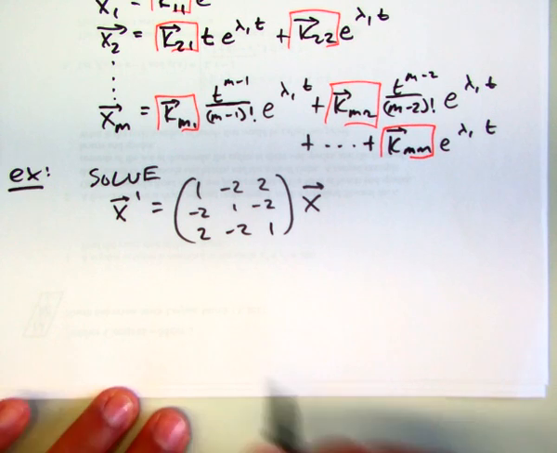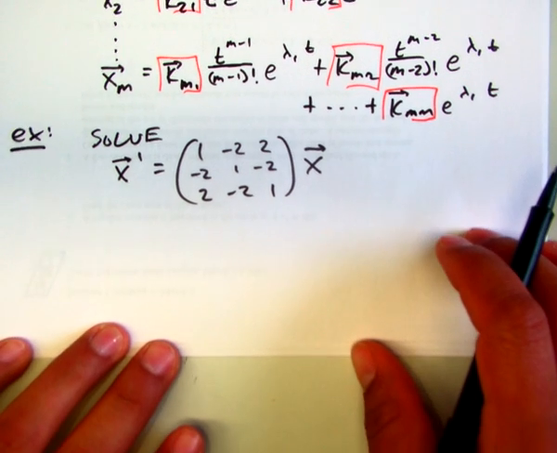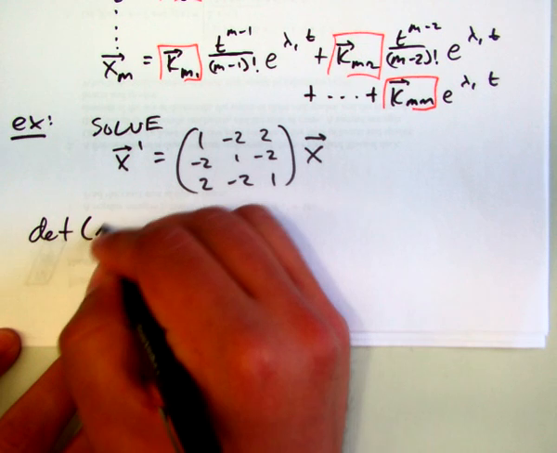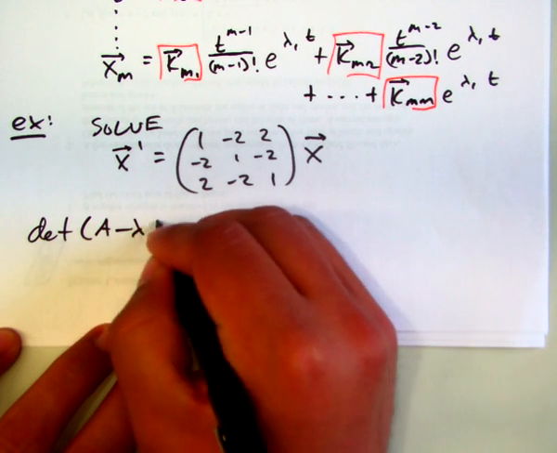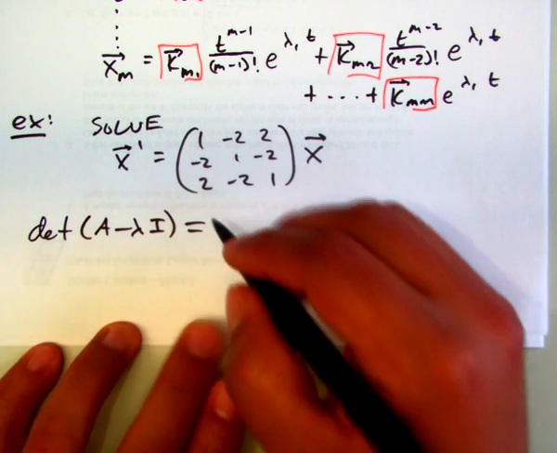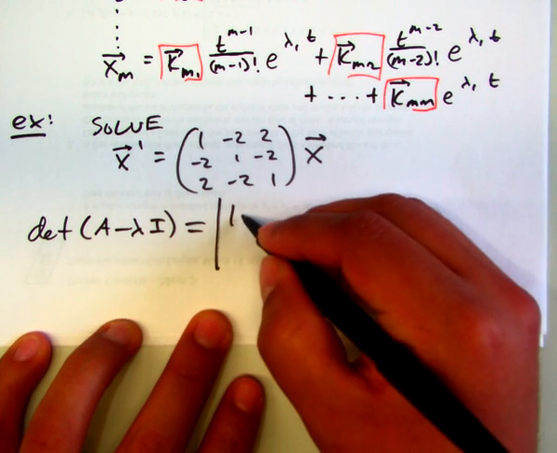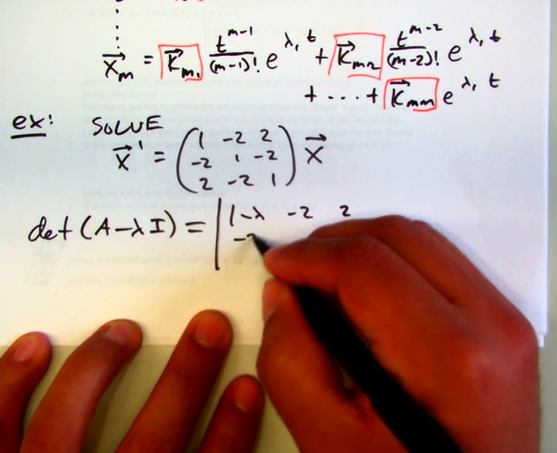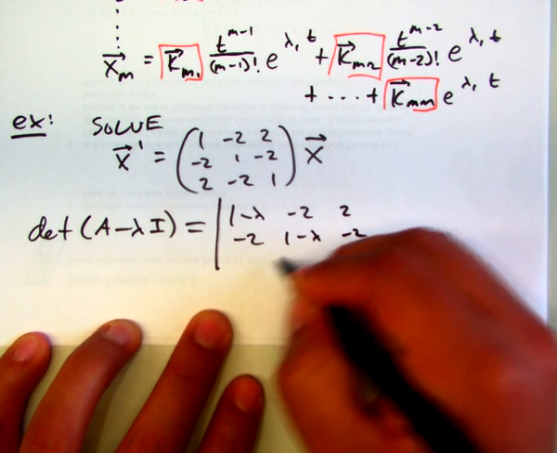And let's just pretend like we don't know that this is going to happen, so we'll treat it like usual. Find the determinant so we can find the eigenvalues. So the determinant of 1 minus lambda, negative 2, 2, negative 2, 1 minus lambda, negative 2, 2, negative 2, 1 minus lambda.